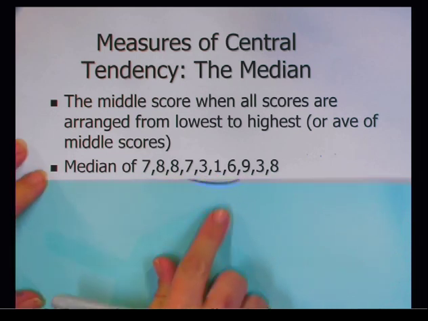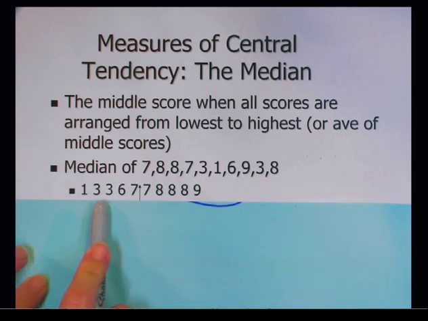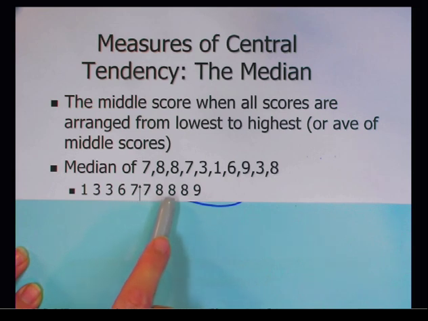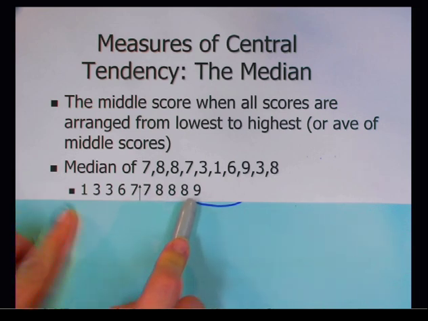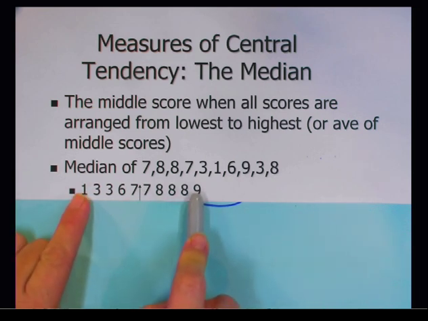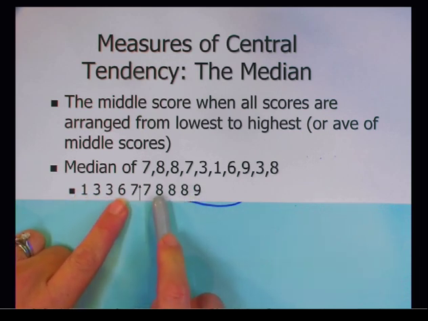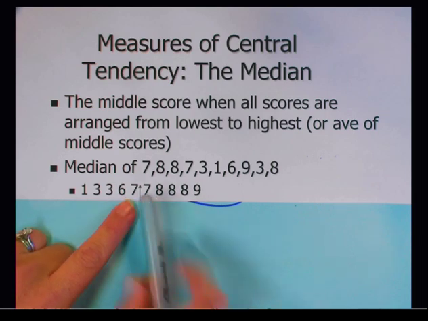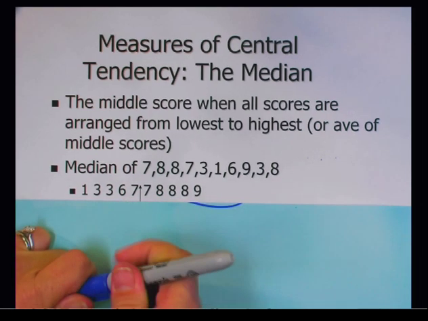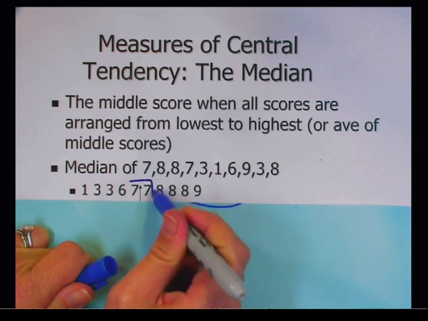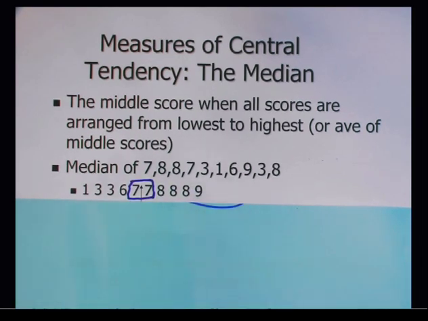Start with 1, 3, 3, 6, 7, 7, 8, 8, 8, and 9. And then you would just count in. Here's the outside number, 2, 3, 4, and now look, you have 2 numbers in the middle because we have 10 numbers, so we have 2 middle numbers. Now here they're the same number, so you don't really have to worry about it.